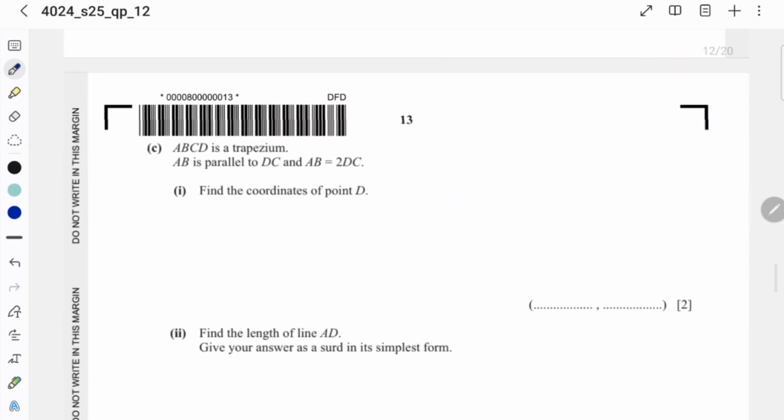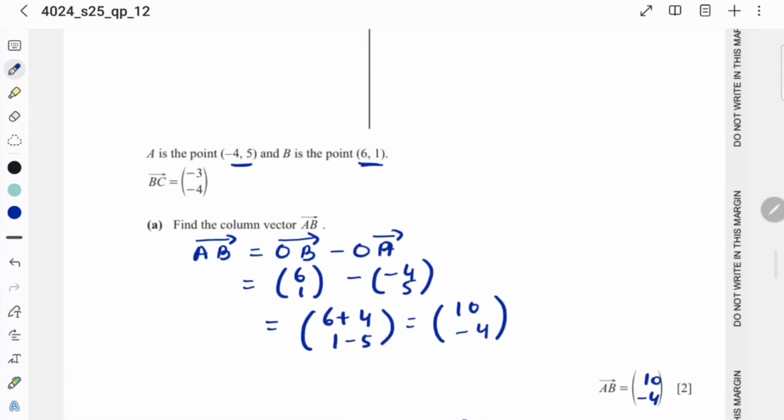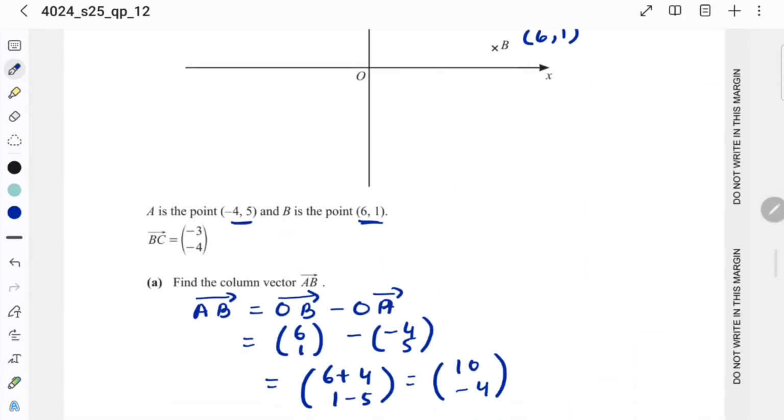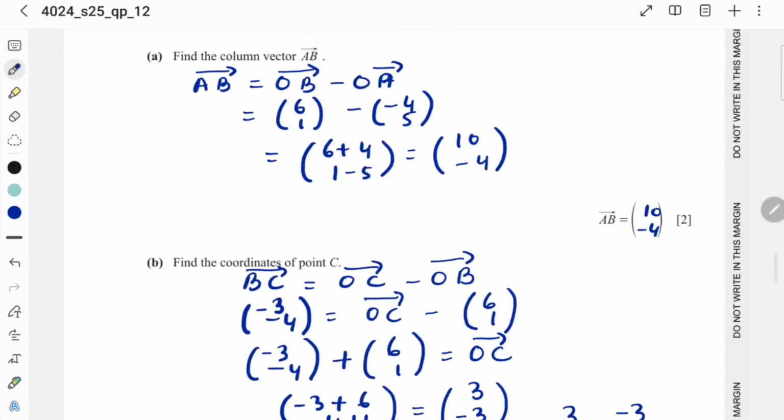Okay, now look at the next question. ABCD is a trapezium. AB is parallel to DC. AB is equal to 2 times DC. Find the coordinates of D. So AB is equal to 2 DC, and AB we have found at the top, this is (10, -4).